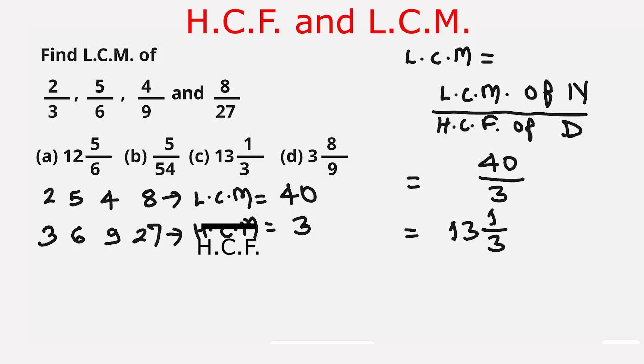So it is 40 upon 3, which is 13 whole and 1 upon 3. And from the given options, our answer is option C, 13 whole and 1 upon 3. I hope you have understood the method of finding LCM of fractional numbers. We go to the next question.